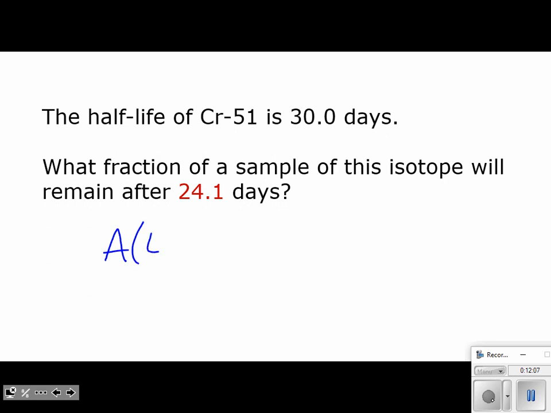Now, in order to determine how much remains of the particular sample, on our equation, we had A with the time, A_0, 1/2 to the t over t 1/2, right? Now, to get the amount that is remaining, the fraction, and I don't know why WebAssign says fraction, because they don't want a fraction, they actually want a decimal.